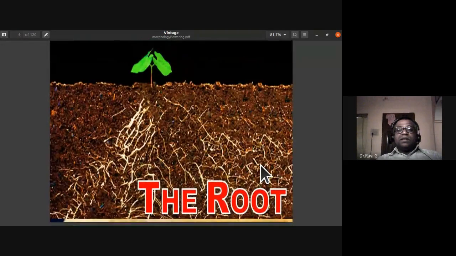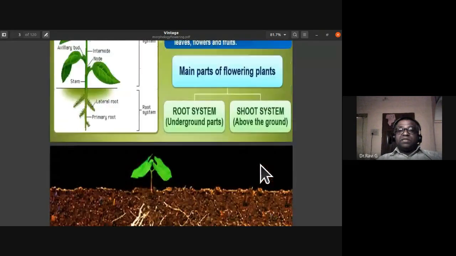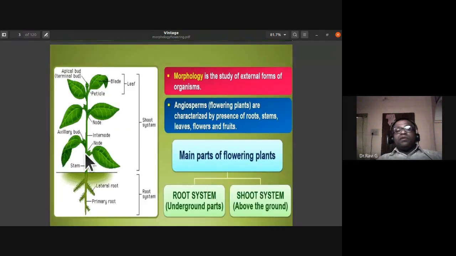Under this, we'll be studying the roots first. Before we go into that, you should remember that there was an experiment done by botanists wherein they tied a plant upside down. The roots were facing the upper surface and the leaves were facing downwards.